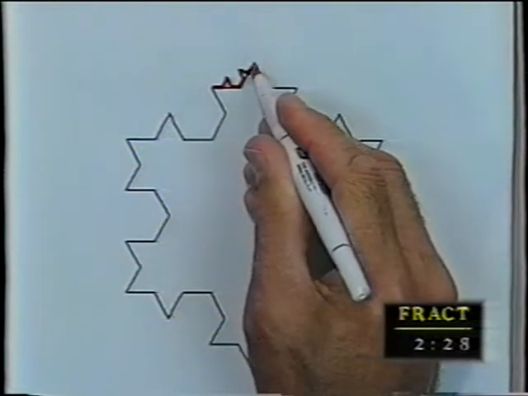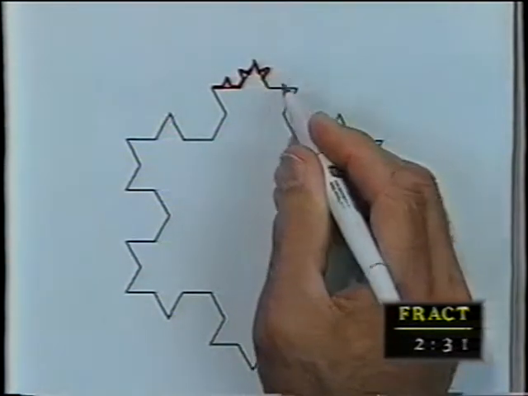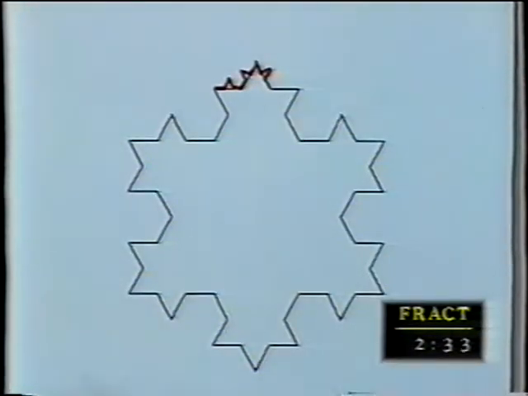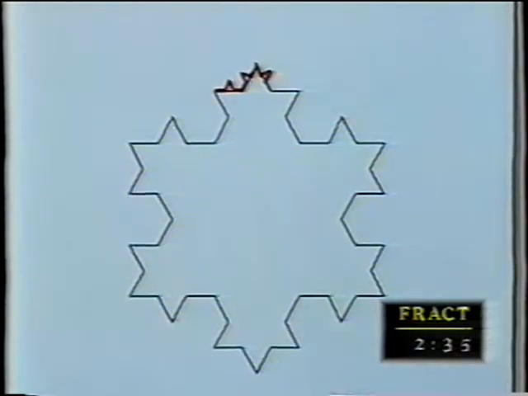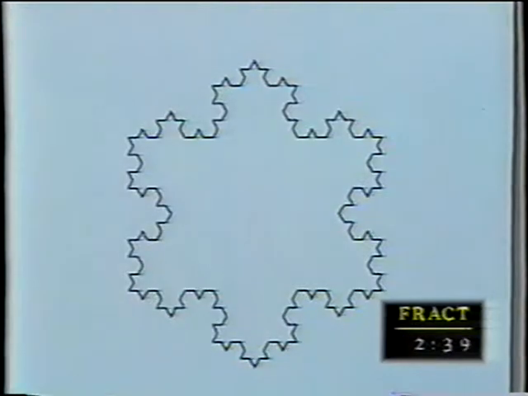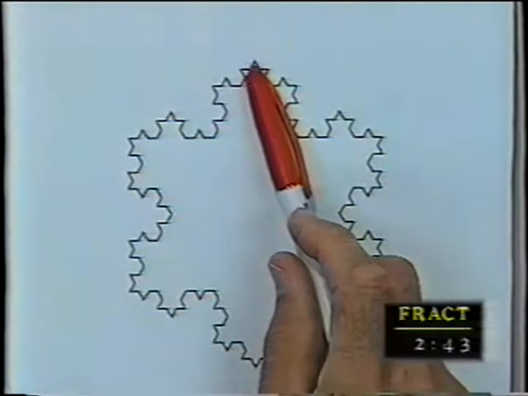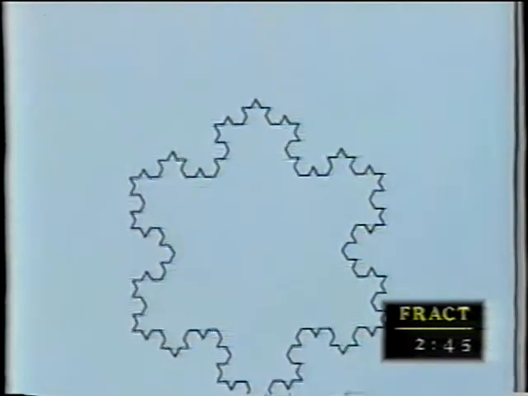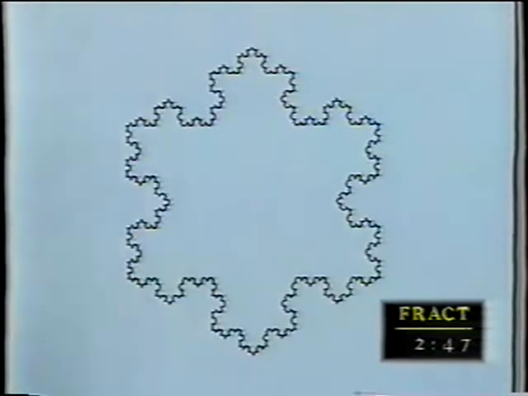This line is replaced with this. This line is replaced with it, etc., etc., all the way around the figure. So the next generation in the creation of this von Koch snowflake looks like that. And now you replace each line with, again, the generator, and you get a picture that looks like that.